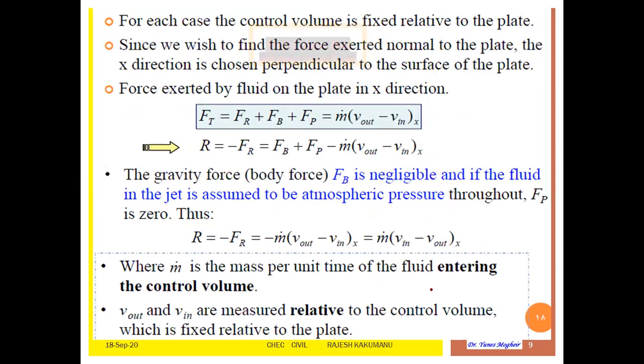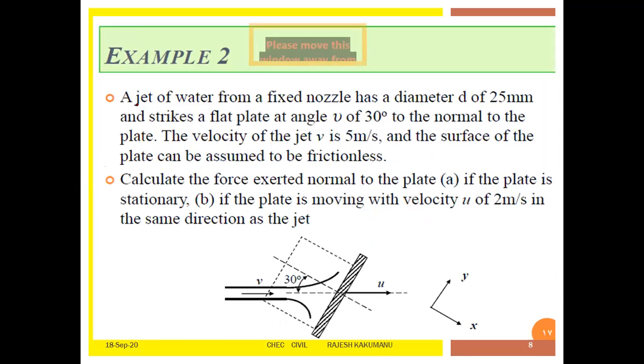Now, in example 2, a jet of water from a fixed nozzle has a diameter of 25 mm and strikes the flat plate at an angle of 30 degrees to the normal to the plate. So initially the plate is like this, and it is making an angle of 30 degrees. You have to make the angle of 30 degrees inside, not this side.